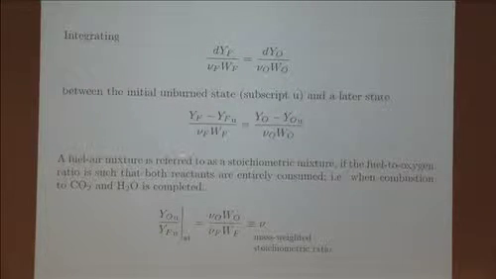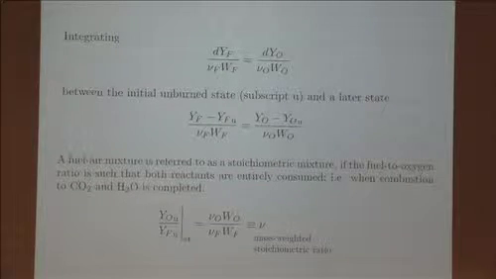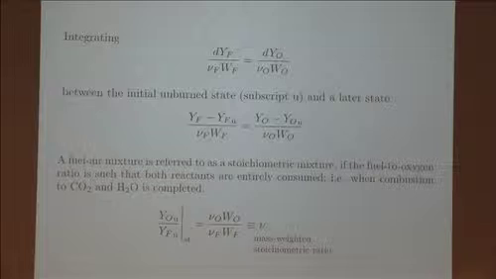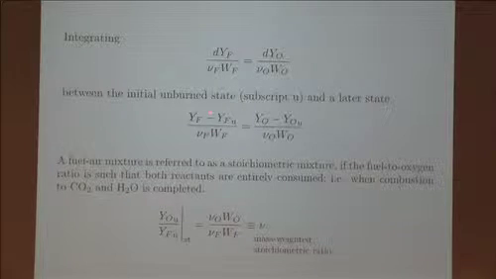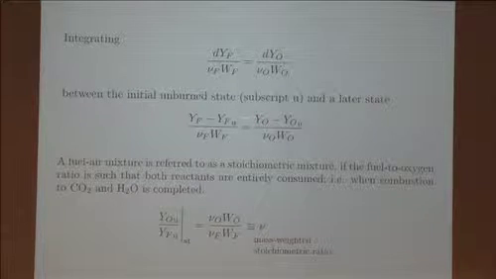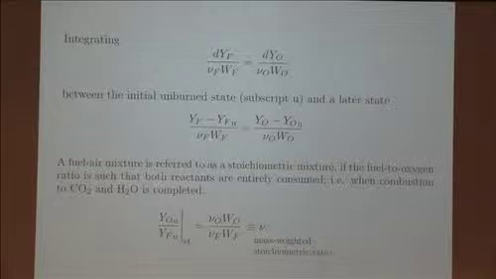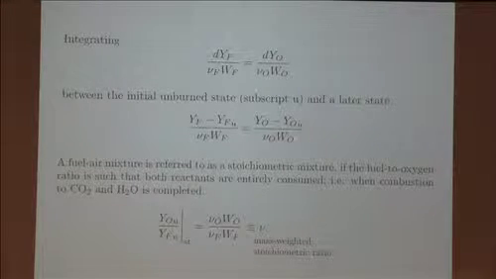Now, we refer to a stoichiometric mixture as one in which both the fuel and oxidizer are completely consumed. If they are completely consumed, the end state will be that Y_F is 0 and Y_O is 0. So there is a ratio here, Y_F,u to Y_O,u is equal to nu_F W_F divided by nu_O W_O.